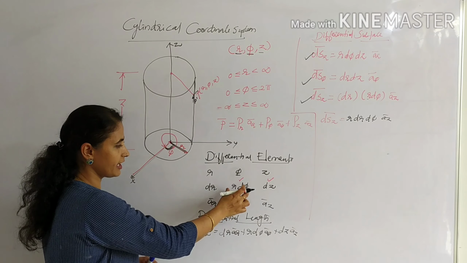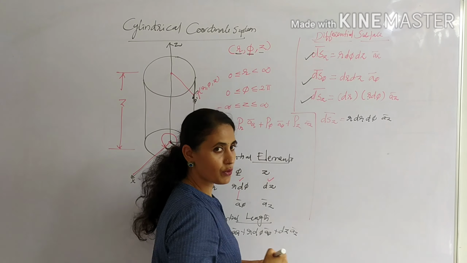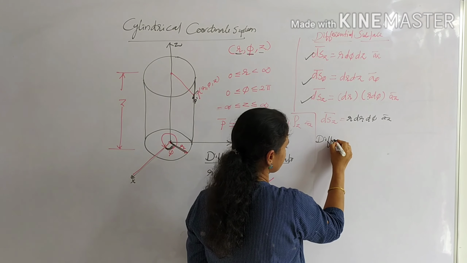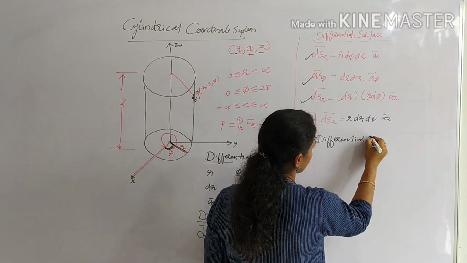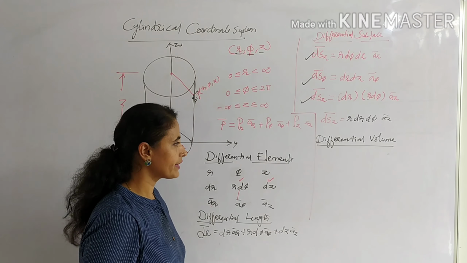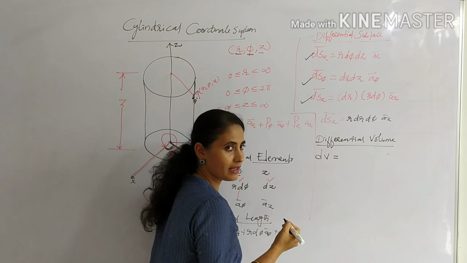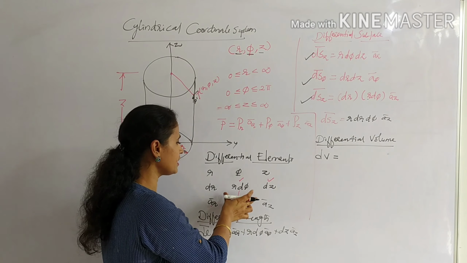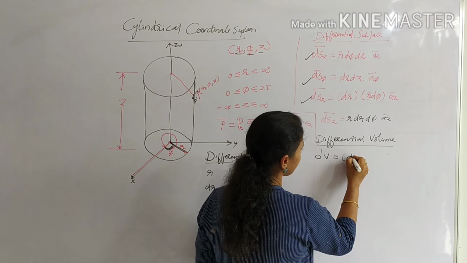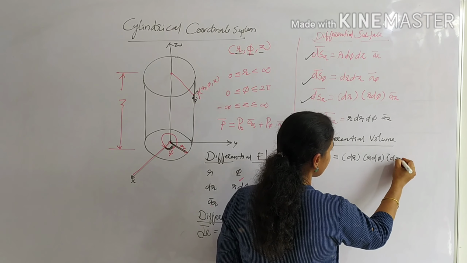So with the differential elements, we have drawn the differential length and differential surface. What is the third one? Differential volume. We know the differential volume in any coordinate system is length into width into breadth, meaning the multiplication of all three differential elements: dr, R d phi and dz.